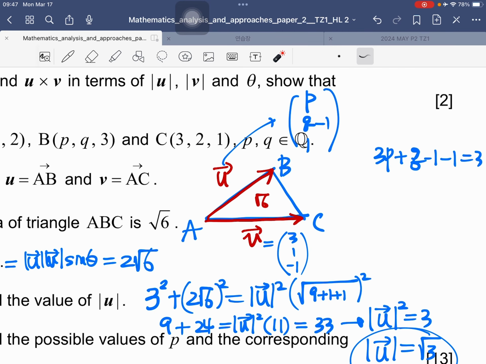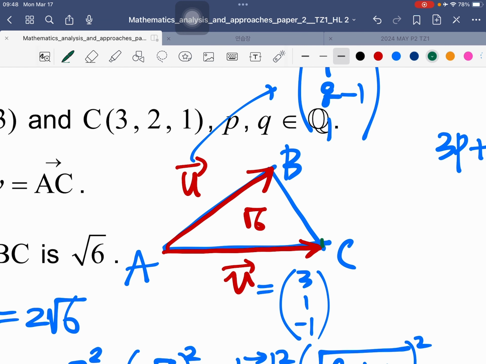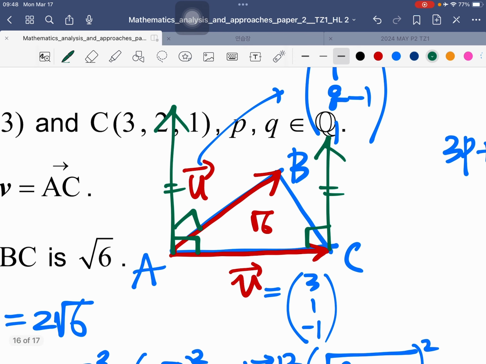So the W vector is 90 degrees to this one, and 90 degrees to this one. Even though it starts from C, it's the same as putting it over here, with this angle 90 degrees and this angle 90 degrees. These two vectors are the same vector, which is the W vector.